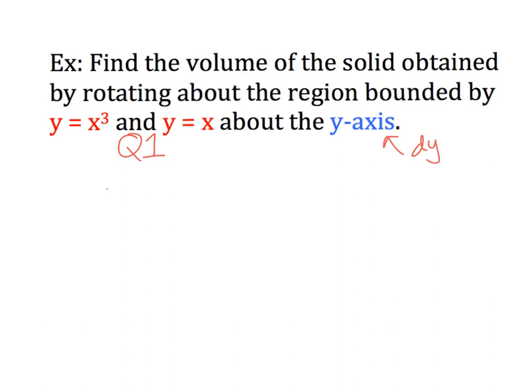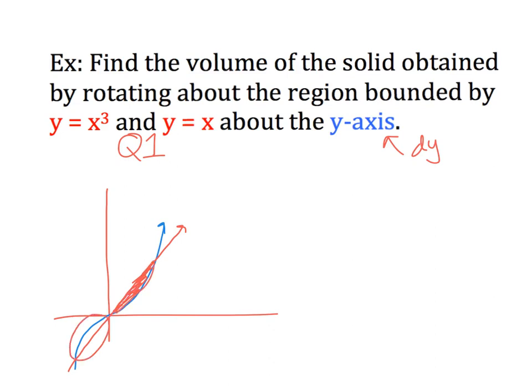If I sketch this out just in quadrant 1, the y equals x cubed is going to look something like this, and then y equals x is going to go through the origin. So the region that we're referring to is just this little region here, but I know that it also intersects down below. But for the sake of this problem, we're just going to focus on quadrant 1.